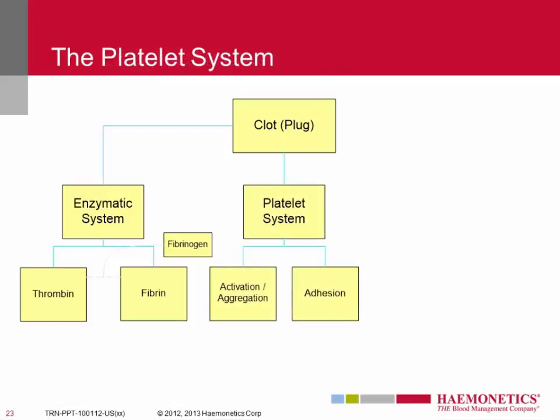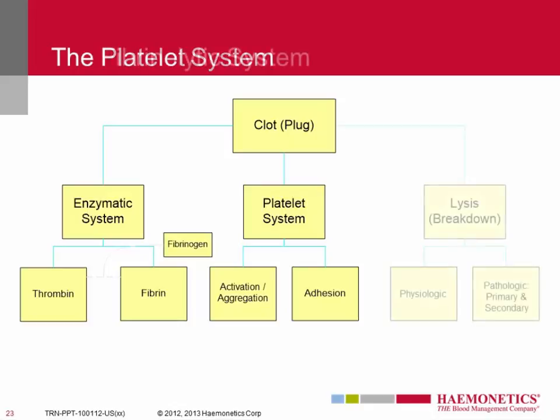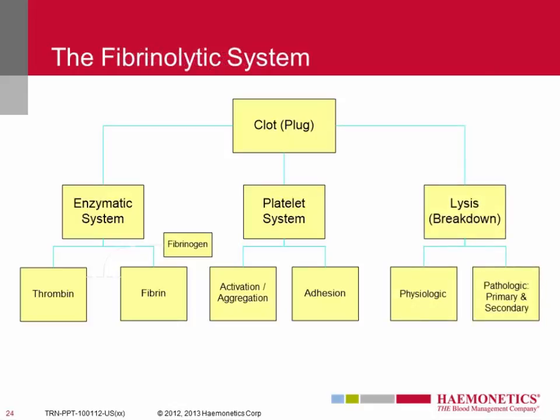Then there's the platelet system. I talked about the PAR1 and PAR4 receptors, activation, aggregation, and then in the presence of fibrinogen, adhesion to one another. And then the clot goes through normal breakdown or lysis.